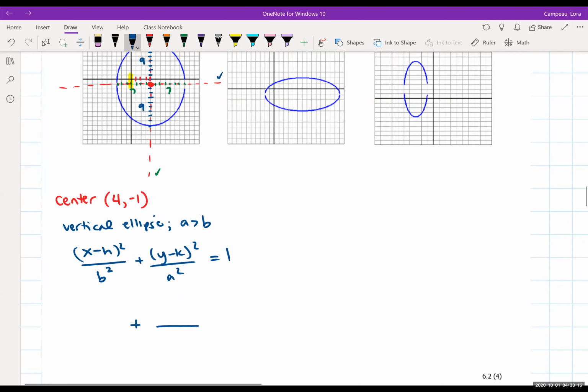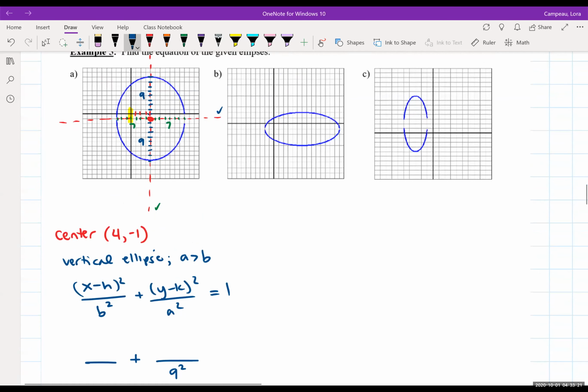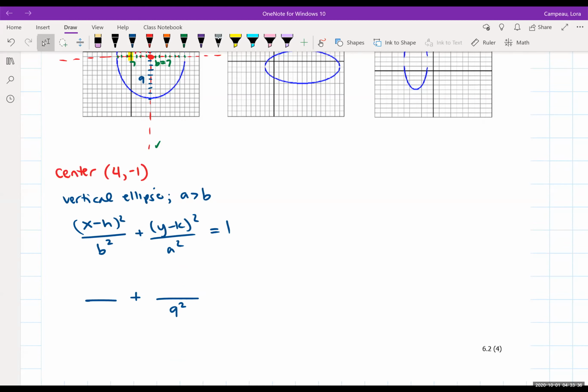So I have 9 squared, that's A. And B is equal to 7, that's the shorter distance. And if you're not sure what I'm talking about, let's go look at the distances again. I have my A and then my B. So let's have this 7 squared.